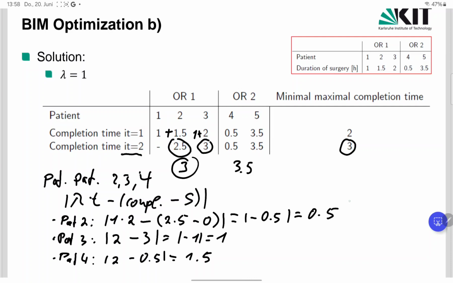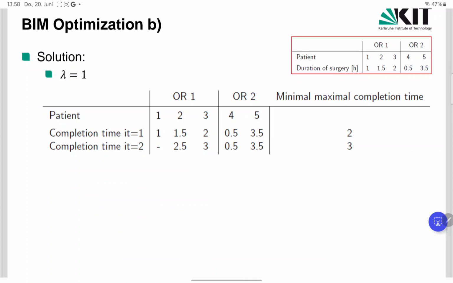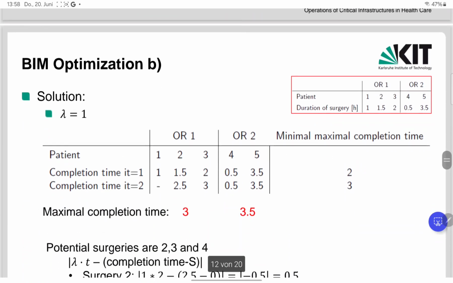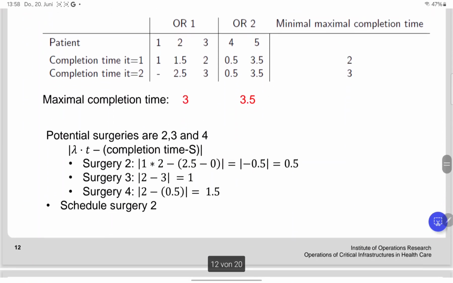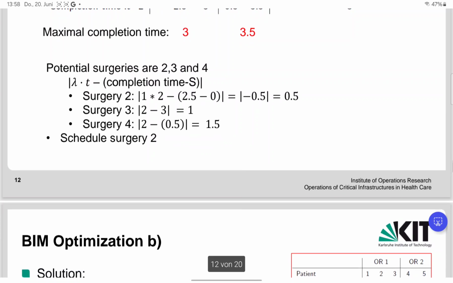This is why we are choosing the minimum. So the next patient we assign to operating room 1 is patient or surgery 2. This is nicely written again. So we have chosen the second one.